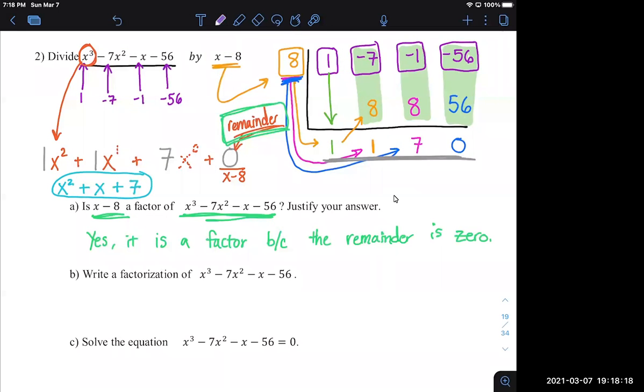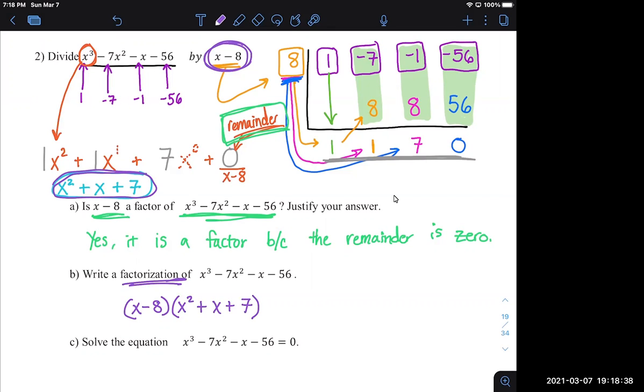Now the last part you have to do is write the factorization. And just like before, we take what we divided by. So we take that x minus 8 and we multiply it by our answer, which was the x squared plus x plus 7.